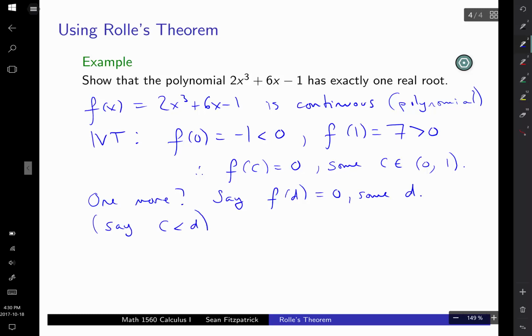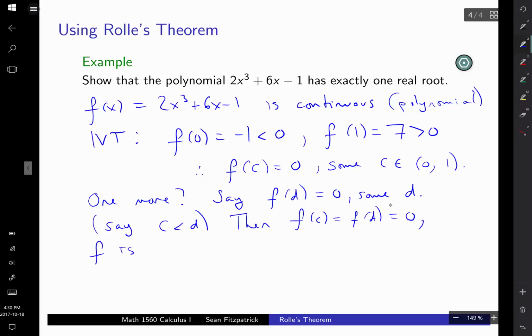If c is bigger than d, we can exchange the roles of c and d here, and we can produce exactly the same argument. So let's just assume that c is less than d. We'll get the same story either way. Well, we know that f of c equals f of d, right? Because they're both equal to 0.